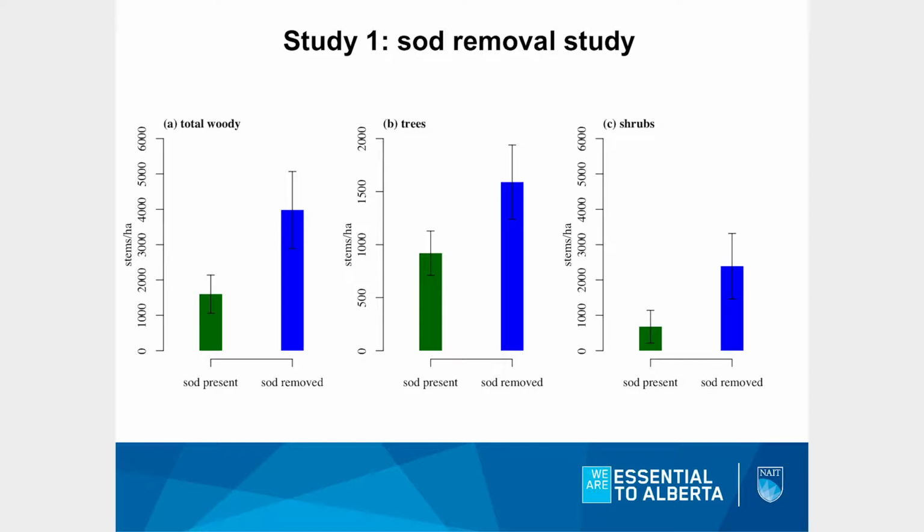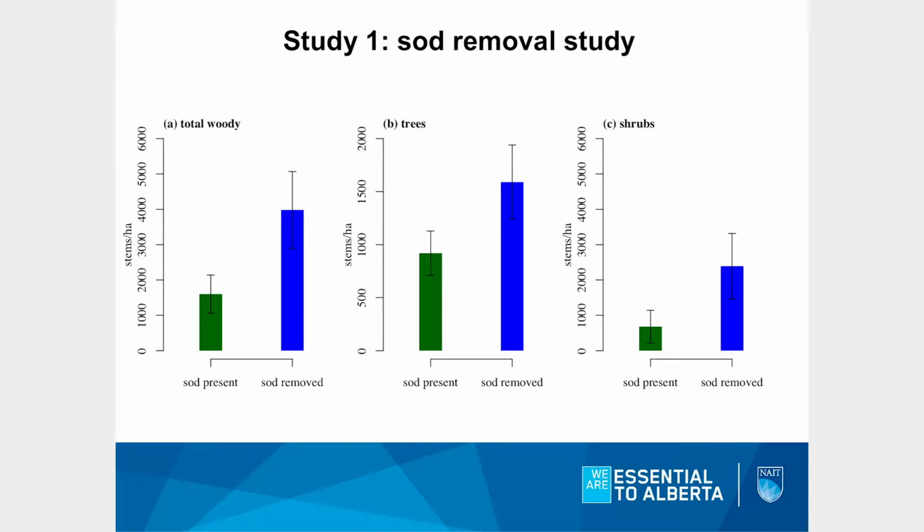So, total woody density after 2 years, and this is on 6 study sites. Where we placed the sod, we're averaging overall about 1,800 stems per hectare, and we're averaging around 4,000 stems per hectare with the sod removed. These are 95% confidence intervals. These are all statistically significant results.